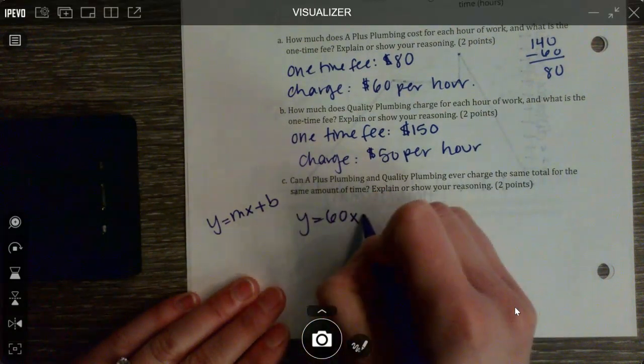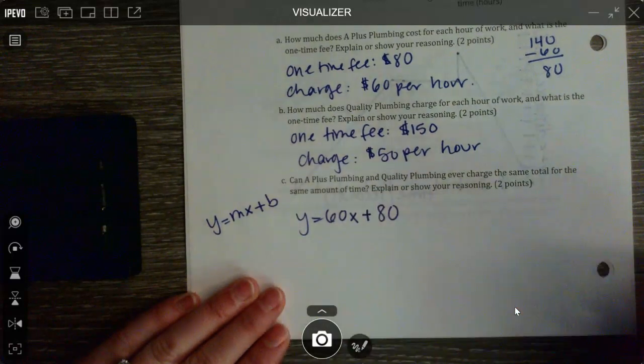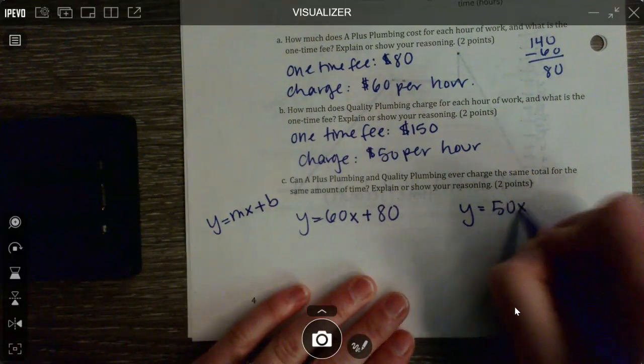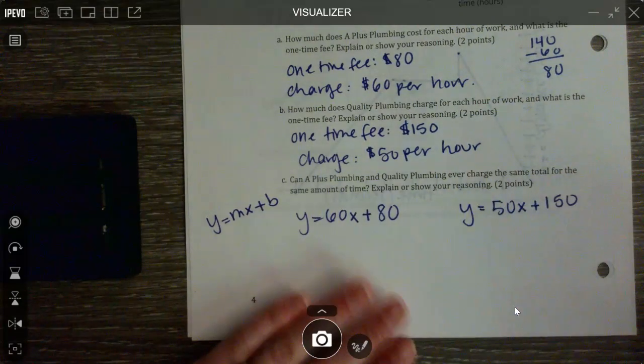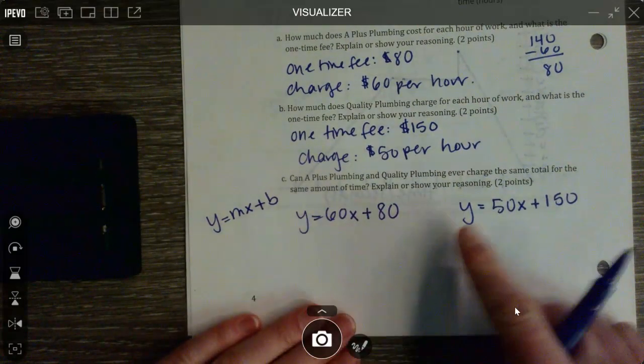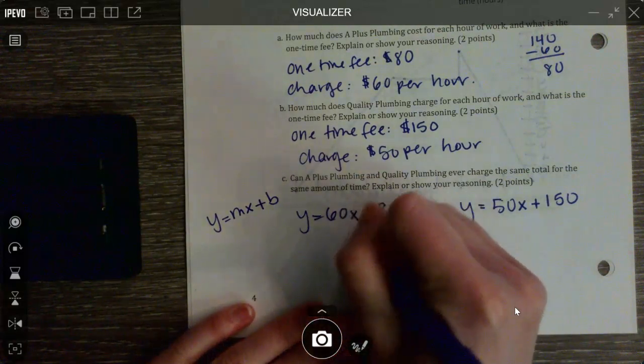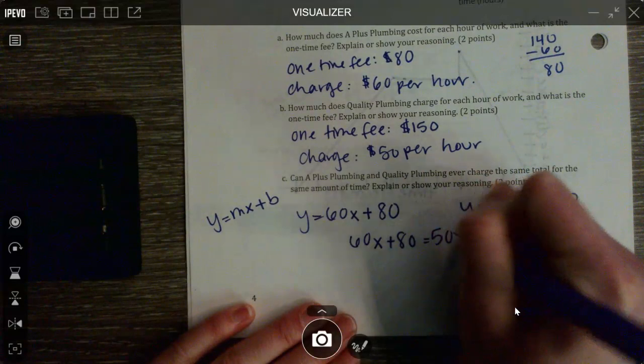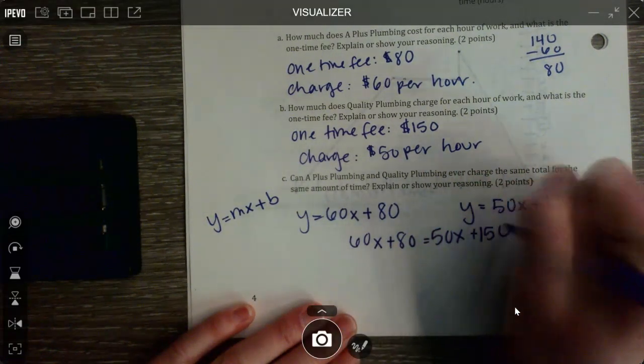So 60x plus my one-time fee of 80. My other one is $50 per hour plus a 150 initial fee. They're both equal to y, so now I can just do 60x plus 80 is equal to 50x plus 150.